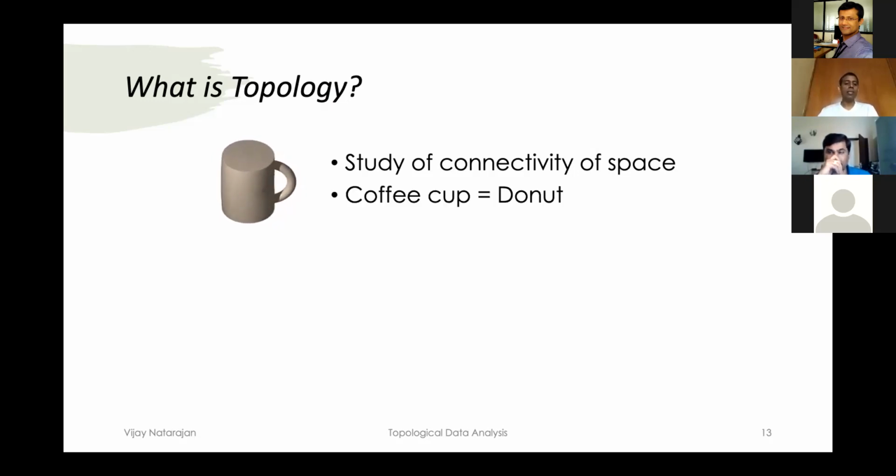There's a classic saying that goes, topology is a branch of mathematics where you cannot distinguish between a coffee cup and a donut. So for a topologist, these two are essentially the same because you can deform one into the other without pinching, without gluing, right?